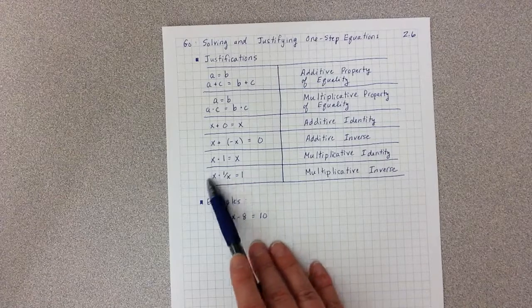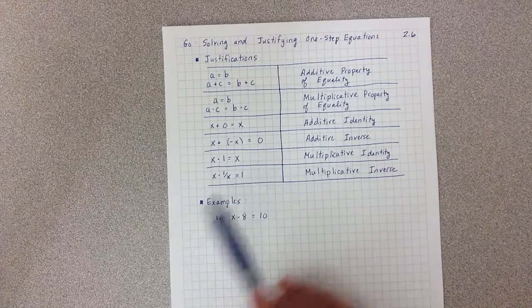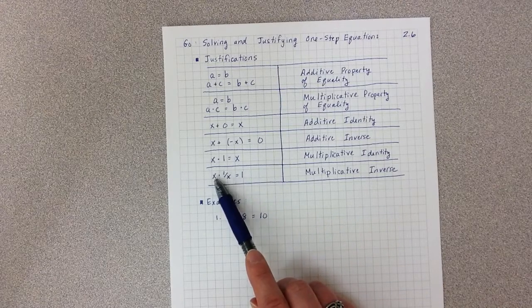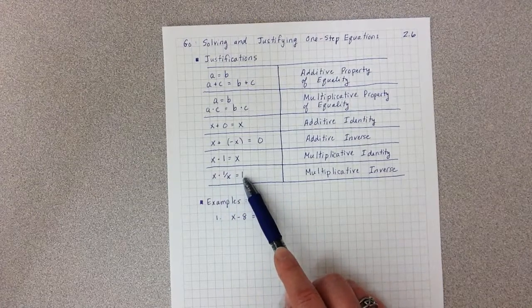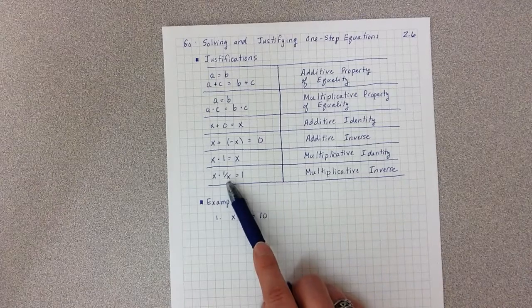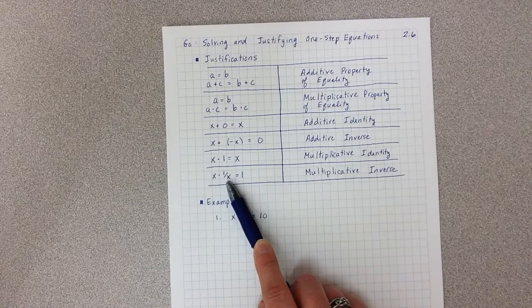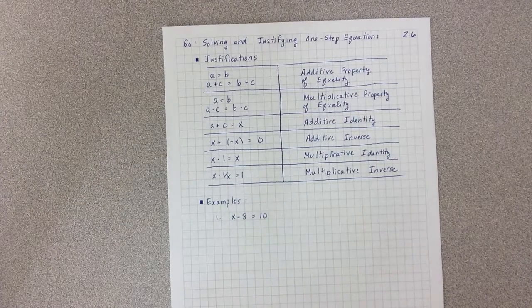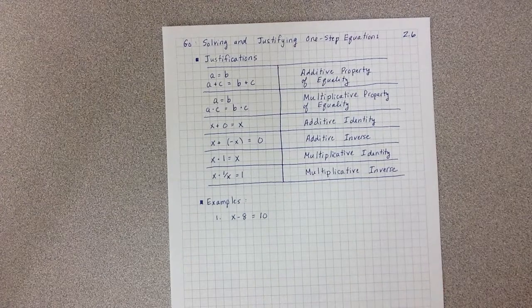Similarly, you saw this when we solved equations, that I need to do the inverse of x in order to get rid of it, in order to have it equal 1. And so we call this multiplicative inverse. And the inverse of x is the reciprocal, so flipping the fraction. So let's look at two examples.